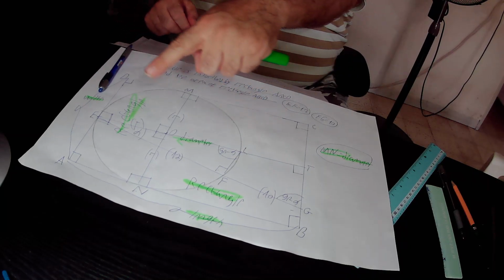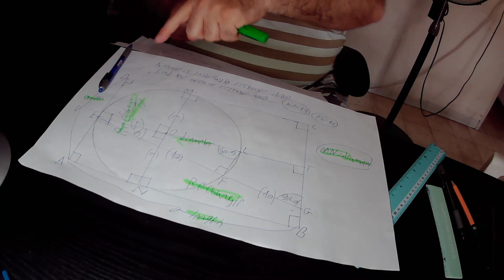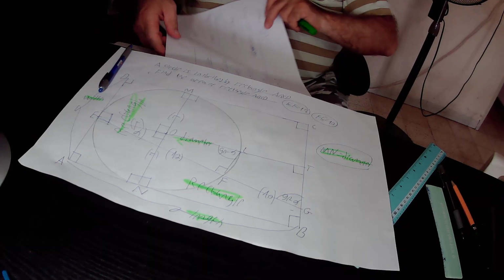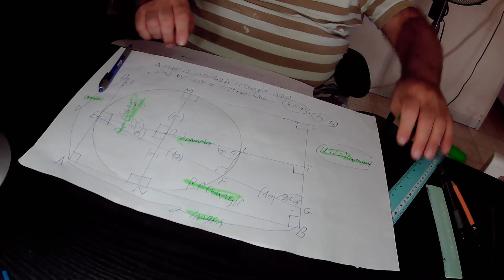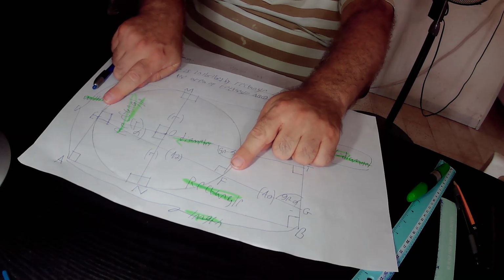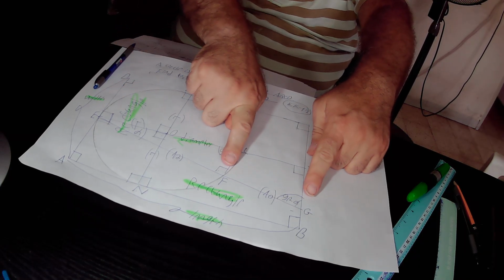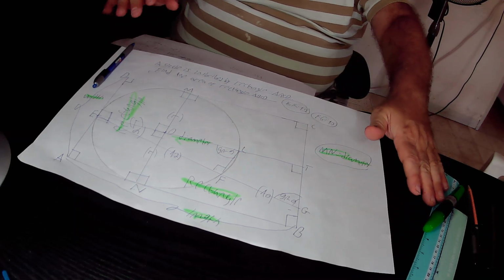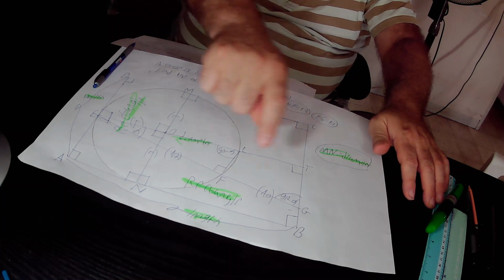This circle is described by rectangle ABCD. It is given in the question that this is chord EF, which equals 12 units. This is line segment FG, which equals 10 units. Again, our mission is to find the area of this rectangle ABCD.